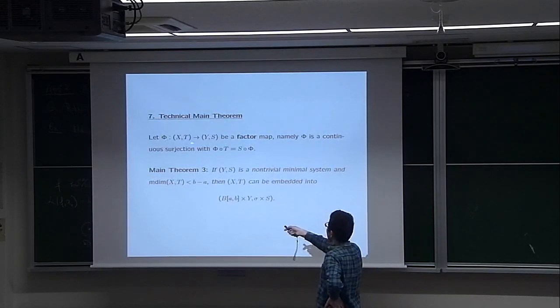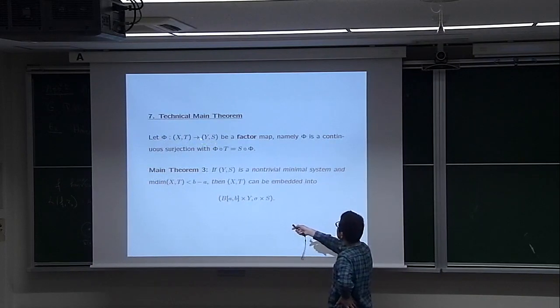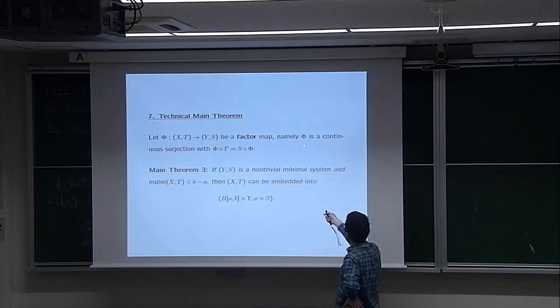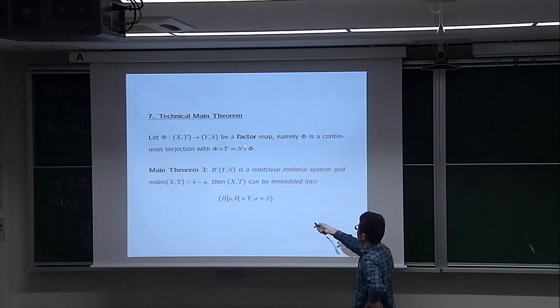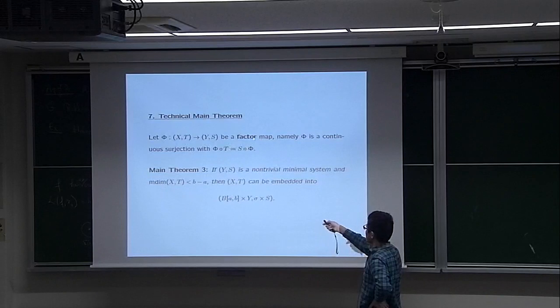So let phi be a factor map from X to Y. This means that (X, T) and (Y, S) are both dynamical systems, and this map phi is a continuous surjection commuting with the actions. This is the meaning of factor map.